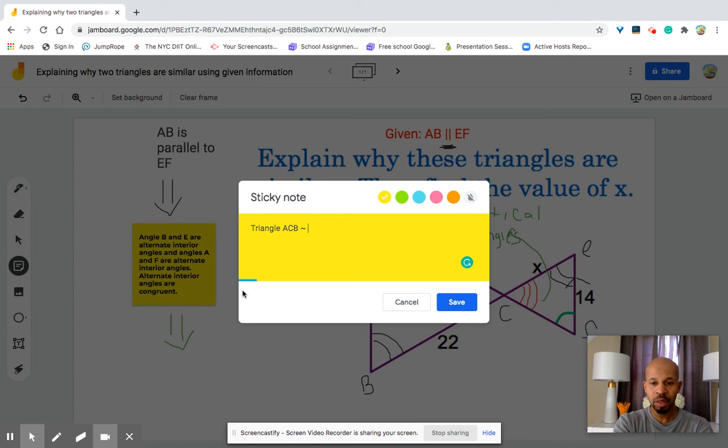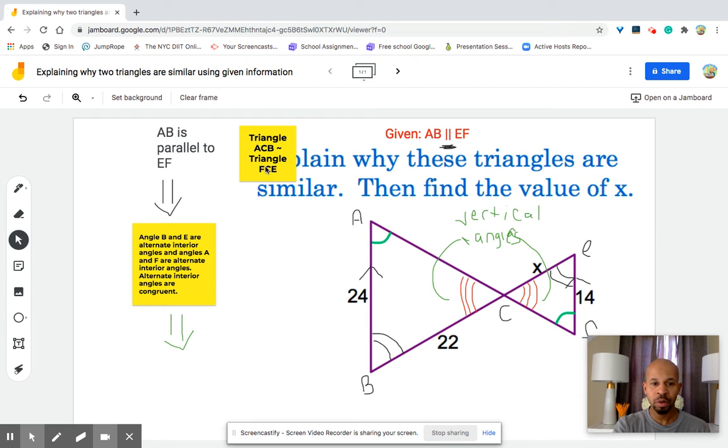Triangle ACB is similar to triangle FCE. How do we know that? How do we know that it has to be in this order?